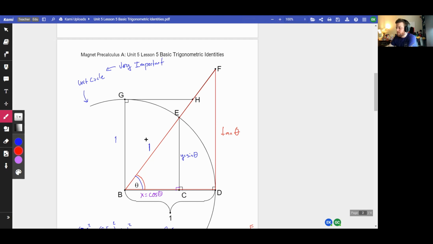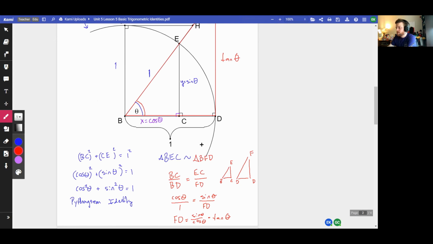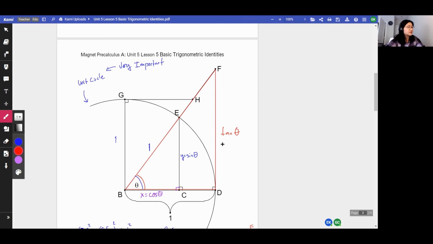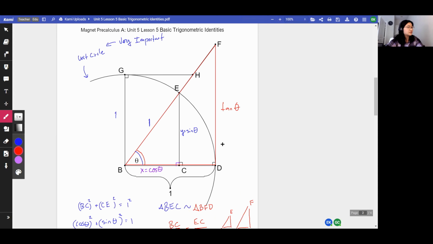What else can we get in this triangle? Can we get BF? I think so. Right, because that's the only thing that we don't know now that we know all the other sides. So we got BF, and let's compare BF to BE. So BF over BE is equal to, what are you feeling? Maybe FD over EC. Tangent, or I guess I should actually write it, FD over EC.